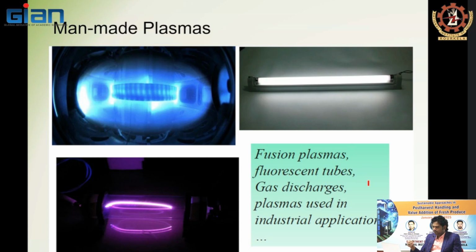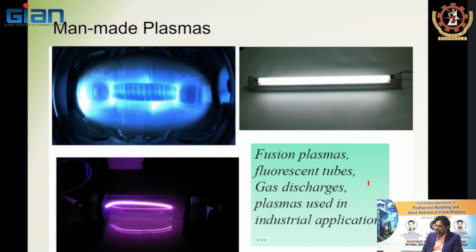Now what we are going to do in case of our plasma is make a plasma. The plasma should come in contact with the food material. So whatever we are going to deal with in this plasma application, we have to make a plasma and somehow make this plasma come in contact with the food material for further process.